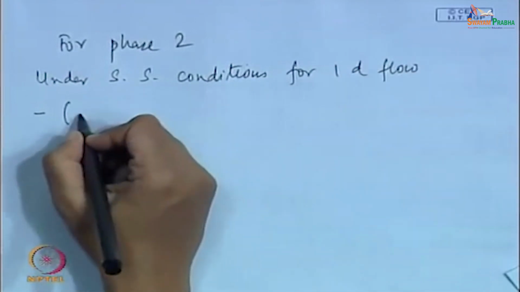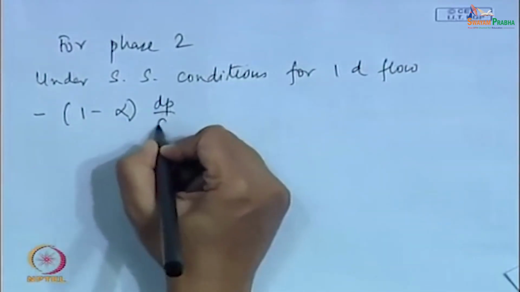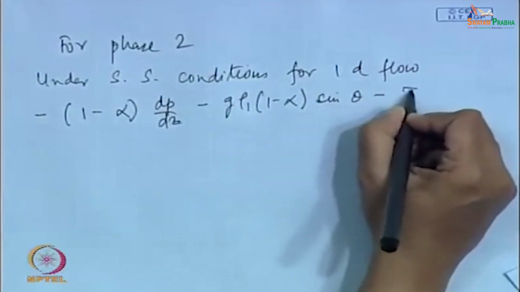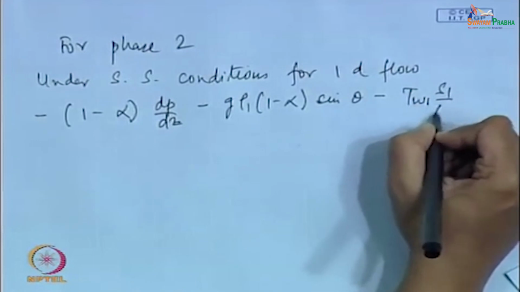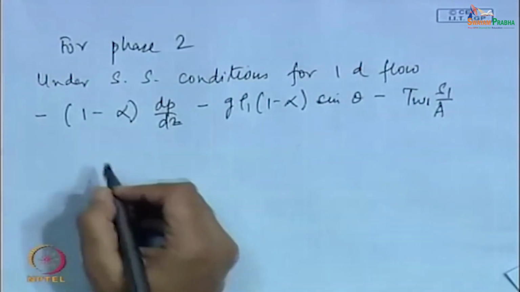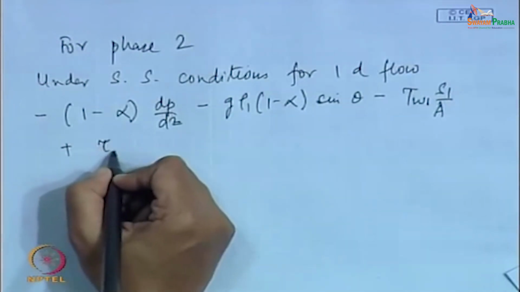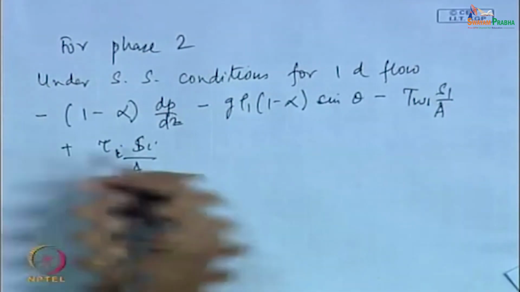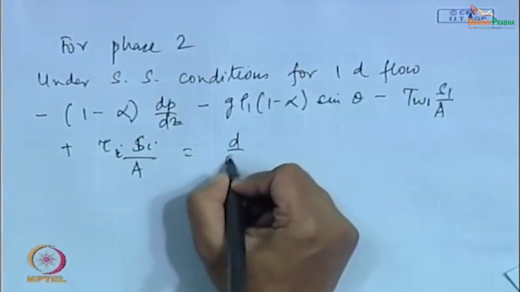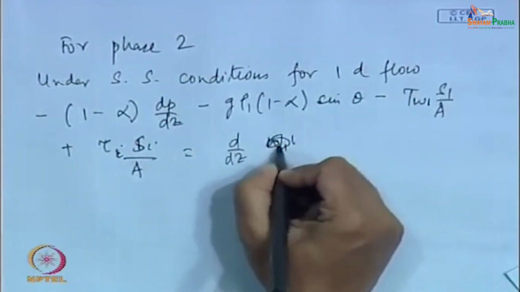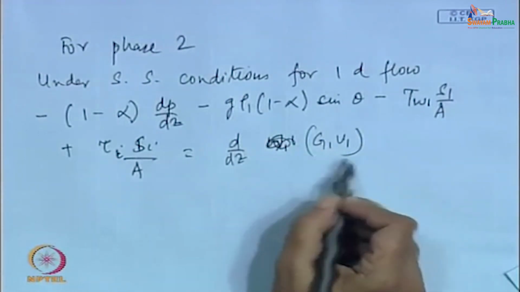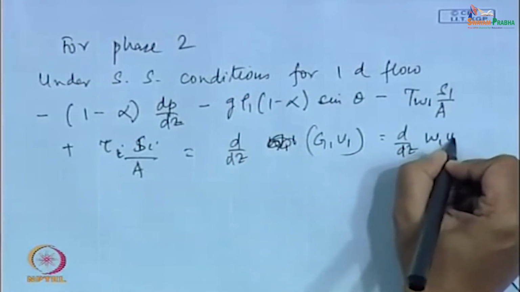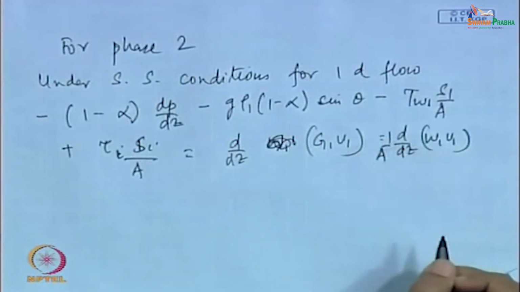So, in steady state and one dimensional conditions for one dimensional flow, this becomes minus (1 minus alpha) dp/dz minus g rho 1 (1 minus alpha) sin theta minus tau w1 S1 by A plus tau I S I by A, this is equal to d/dz of W1 U1, in other words it is W1 U1 by A. In whatever form you can write it down, this is basically d/dz of W1 U1 into 1 by A if we consider A to be constant.